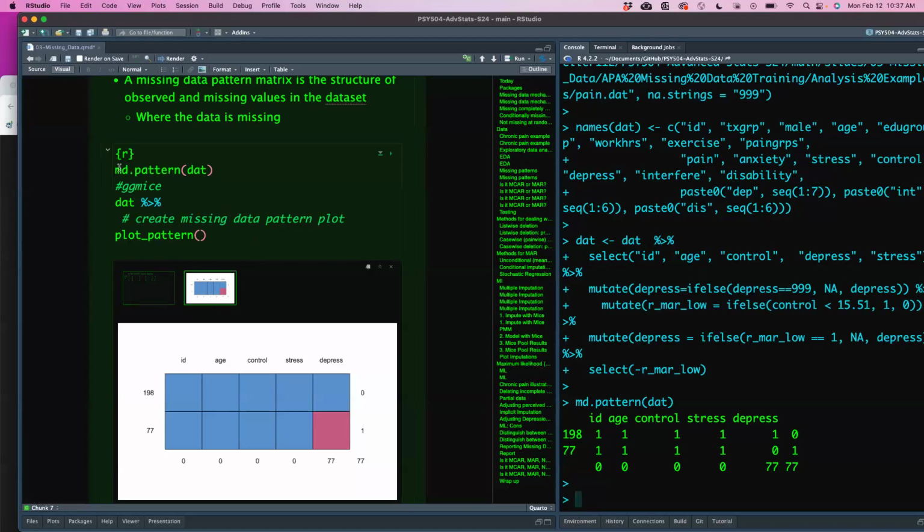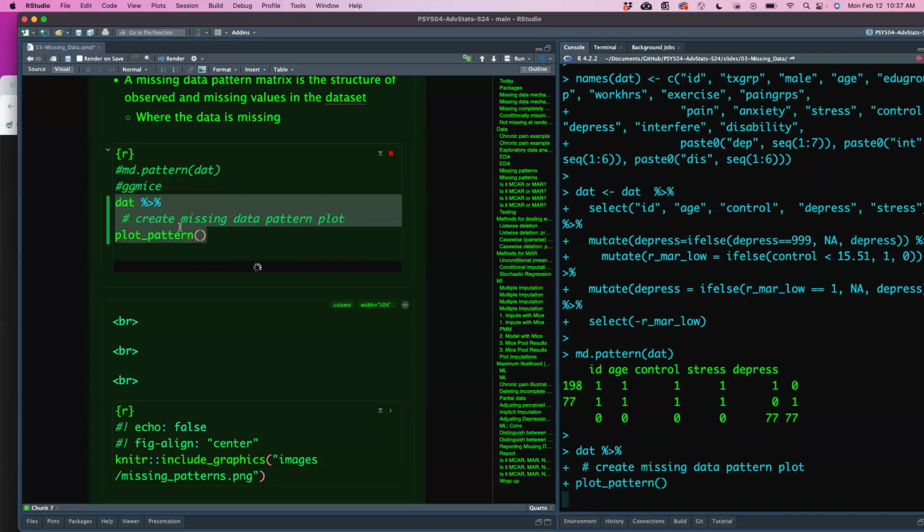I'm not a big fan of this particular function. Instead, I tend to use the function plot_pattern from ggmice. I think that it provides a nicer visualization, and it gives you more data, and it makes more intuitive sense to me at least. So let's run that.